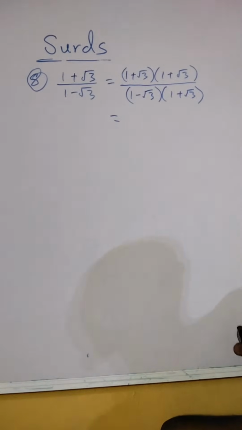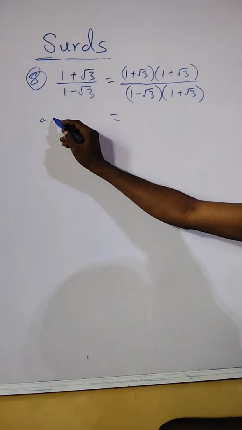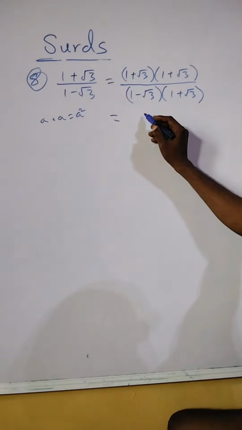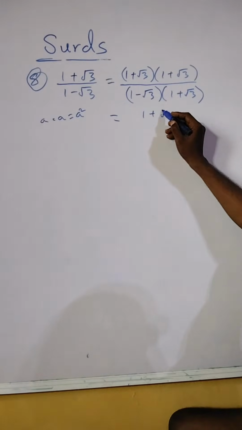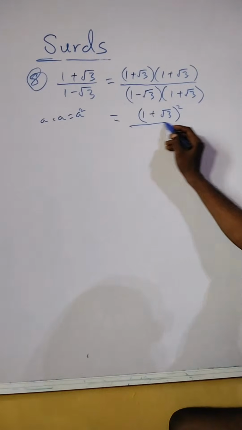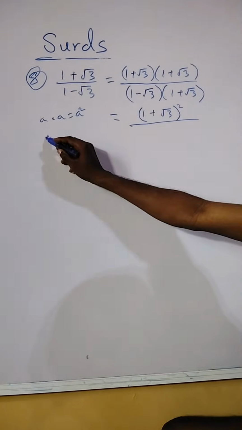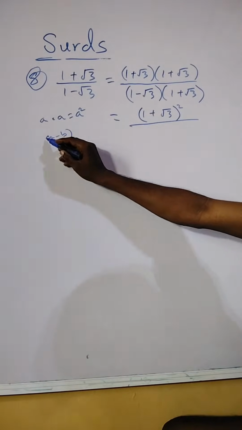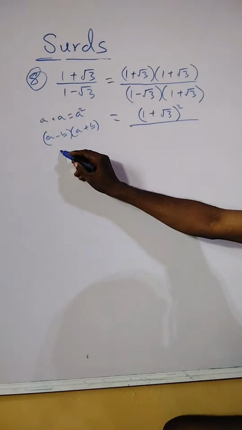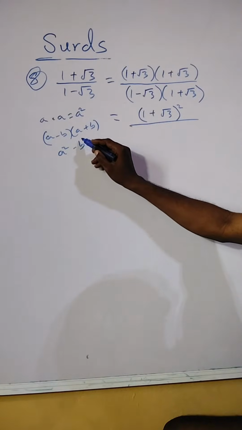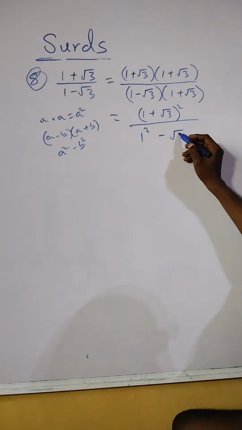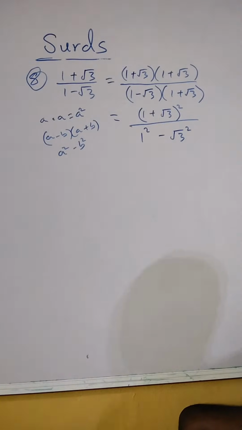When the same thing is multiplied, just like when we have a times a, which can be expressed as a squared, this can be written as 1 plus root 3 all squared, then divided by, this also follows when we have a minus b into a plus b, which is a square minus b square. Also this is 1 square minus root 3 square.